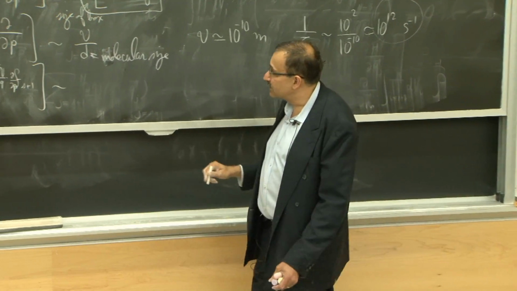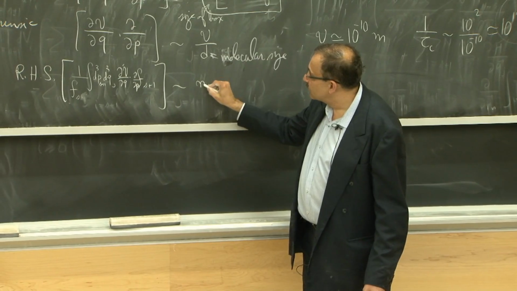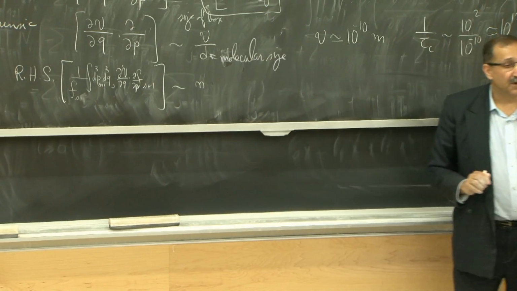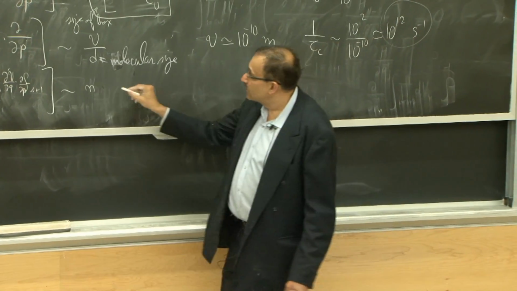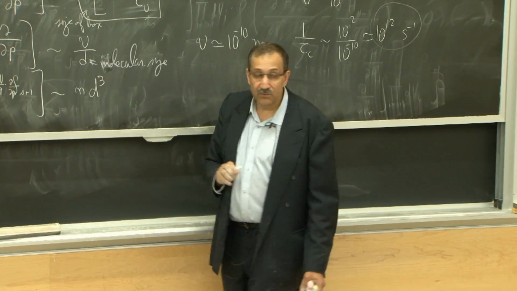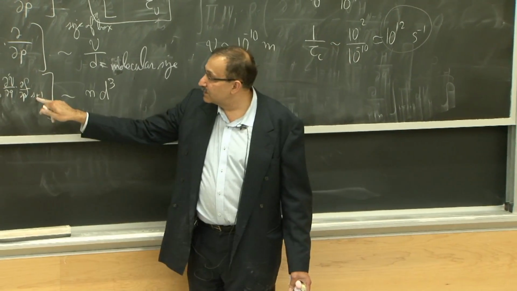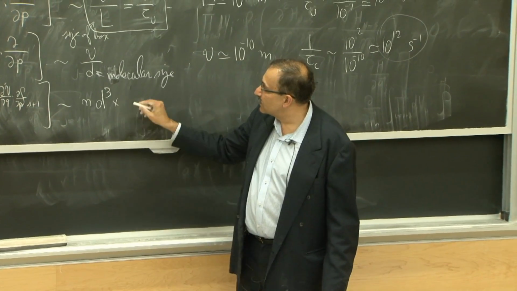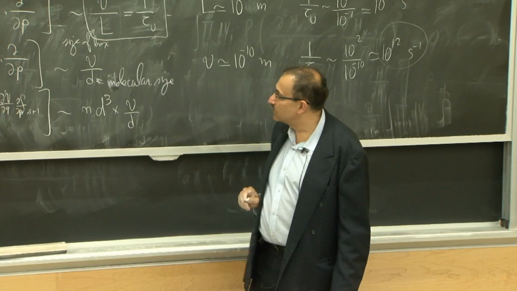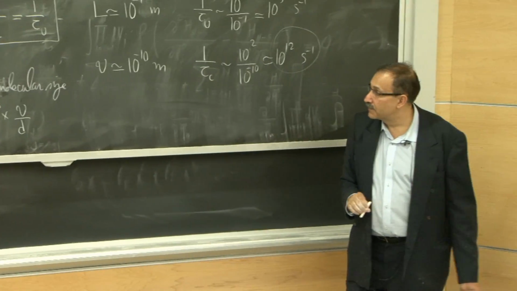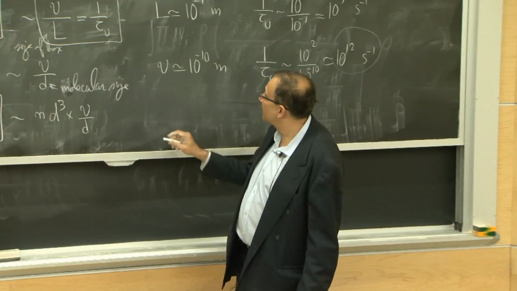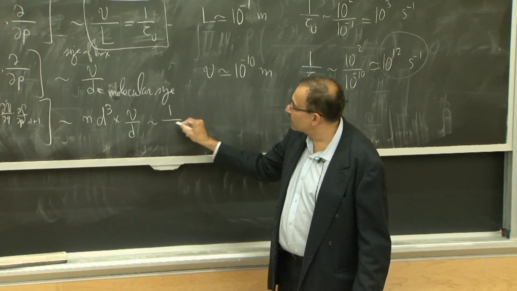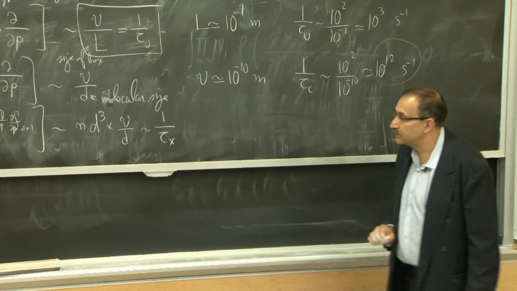If you think about it, that means that I have to look at the typical density of particles times d cubed for these additional operations multiplied by this collision time that I had before. Okay? And this whole thing I will call 1 over tau collision.